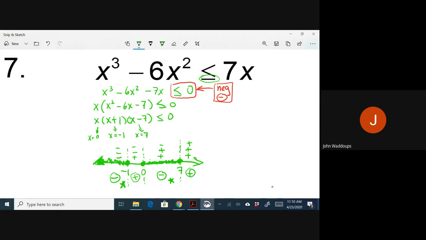And so our interval notation, we go from -infinity to -1. It includes -1, so we use a bracket. U means union, combined with 0 with a bracket also to 7 also with a bracket.